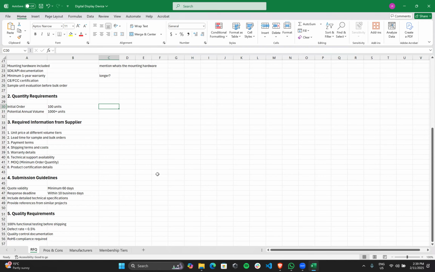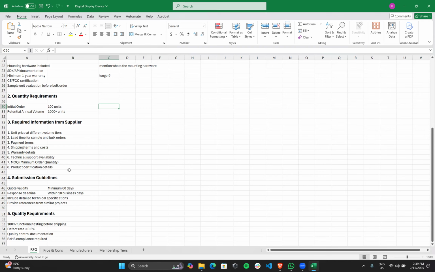The 100 might be $3.50 per unit. The 250 might be $3.25. The 500 might be $3. Something like that. That's what we're looking for. The more we order, the less expensive it will be.